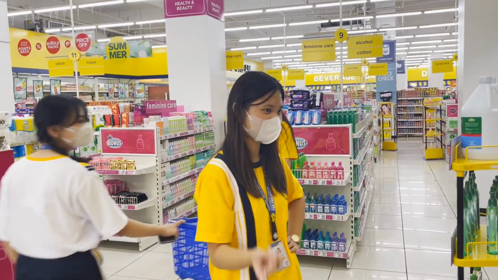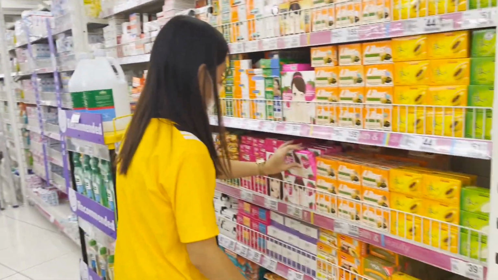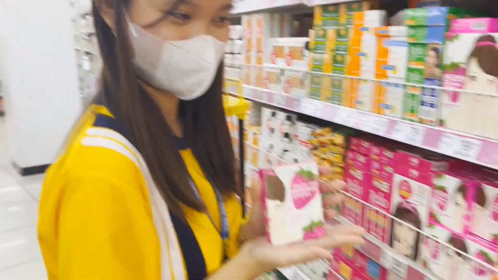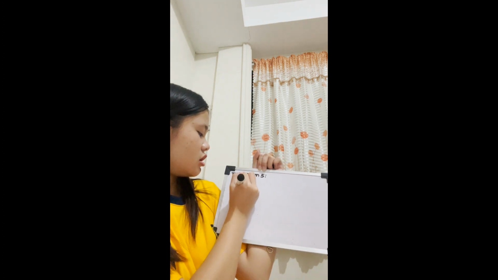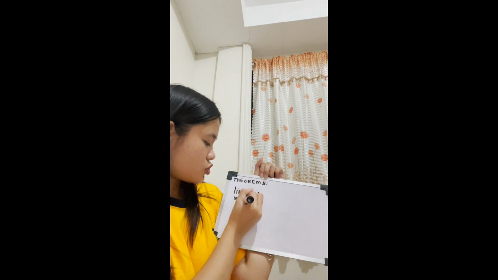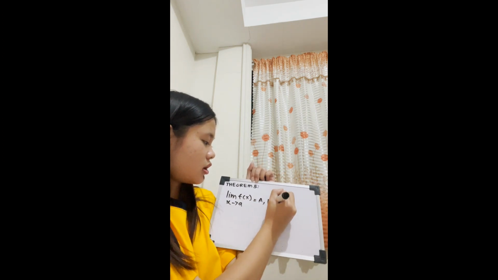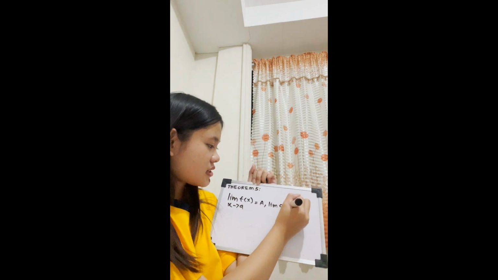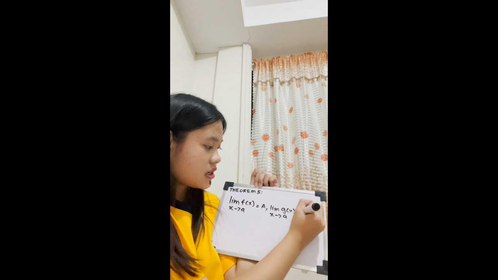And for our fifth item and theorem 5, we bought this Korean whitening soap that is 50 pesos since our limit is 50. And this is our example. What is theorem 5? Limit f(x) as x approaches a is equal to a, limit g(x) as x approaches a is equal to b.